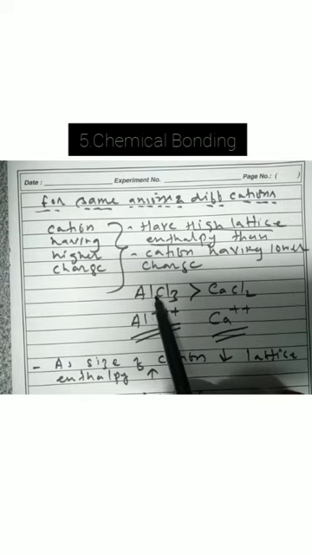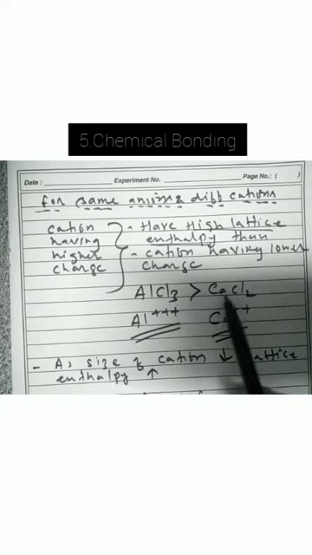When AlCl3 is ionized, it will form Al3 plus and 3 Cl minus. So here the cation has 3 plus charges.